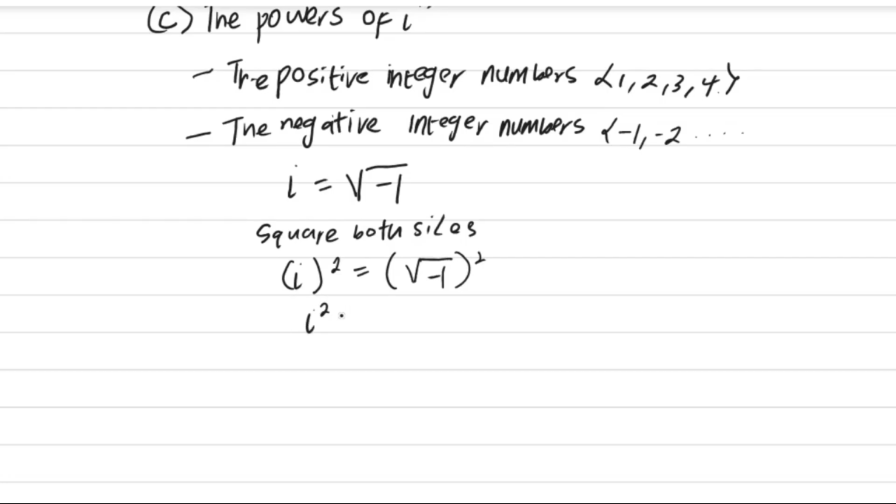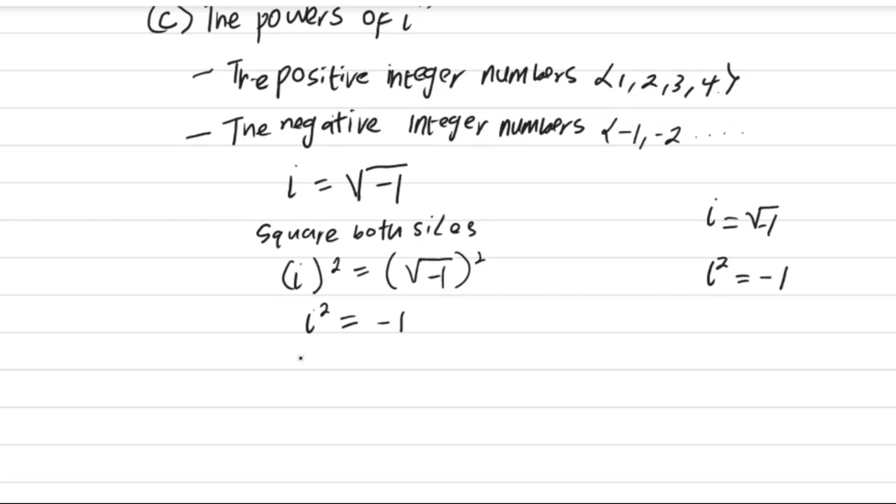Therefore, i squared, the square will cancel the square root, will now give us -1. So here, the first thing that we have is that our i is equal to the square root of -1. Our i squared, we have derived it to be -1.